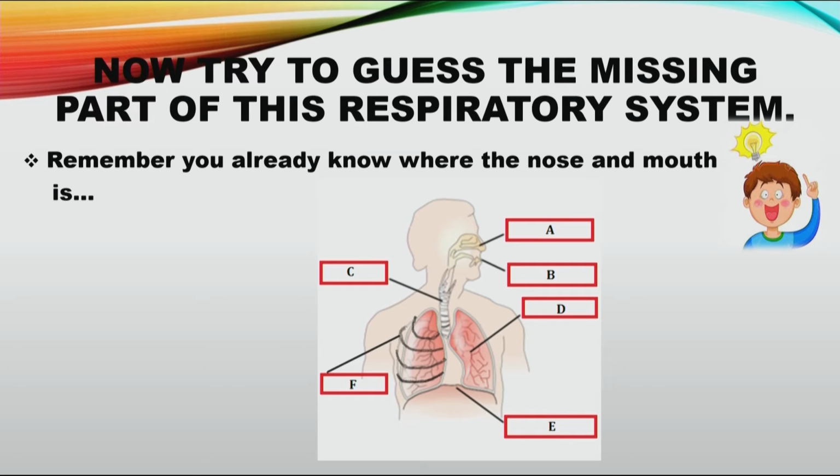Okay, so I hope you got the parts right, because now we're going to do a little activity together. I want you to try and guess the missing parts of the respiratory system using the knowledge that you saw from the video. Remember, you already know where the nose and the mouth are, isn't it?